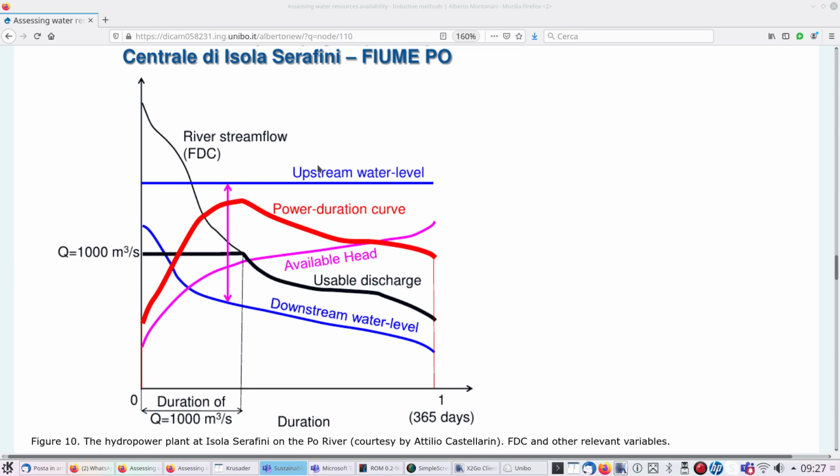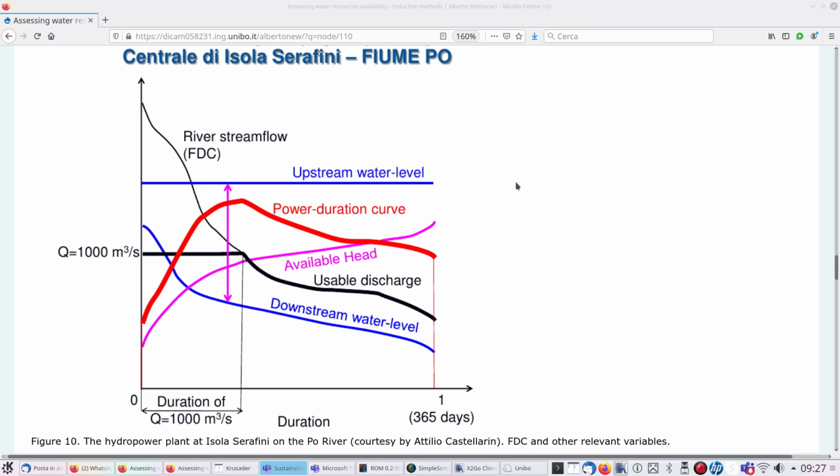Upstream, the water level is kept constant because they use the barrages to regulate the river flow in order to keep the upstream water level constant. But downstream, there is of course the river flow that is corresponding to a natural situation, because keep in mind that they cannot store much water in the system.